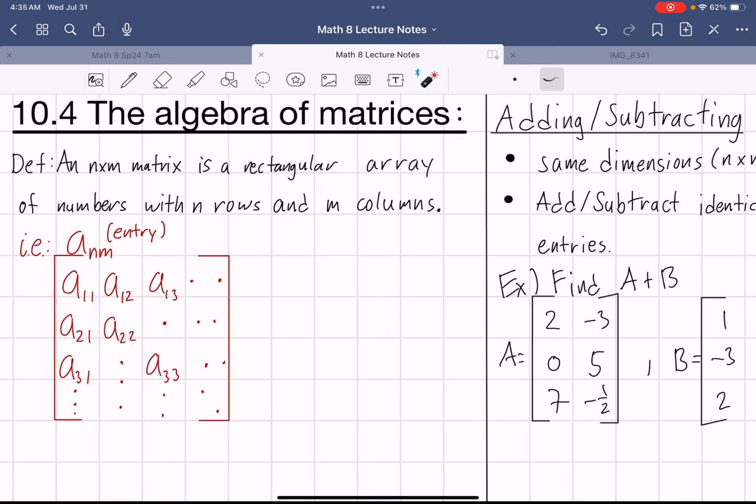So this part, this n cross m, is what we call, let me write it here, our dimensions.